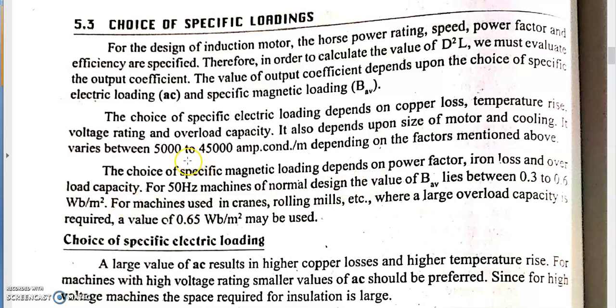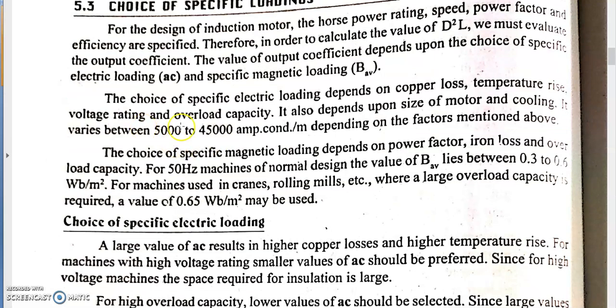So the output equation of induction motor is proportional to four parameters: specific electric loading, specific magnetic loading, volume of active parts of the machine, main dimension D square L, and then the speed of the motor. And the specific electric loading and specific magnetic loading values for induction motor are specified.